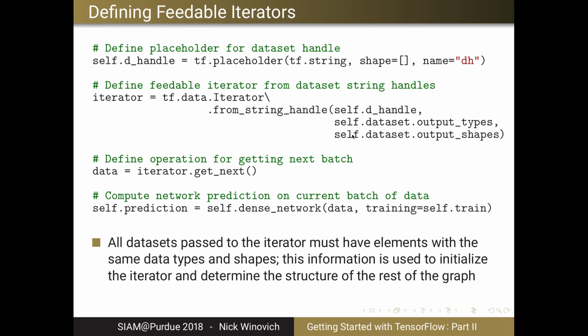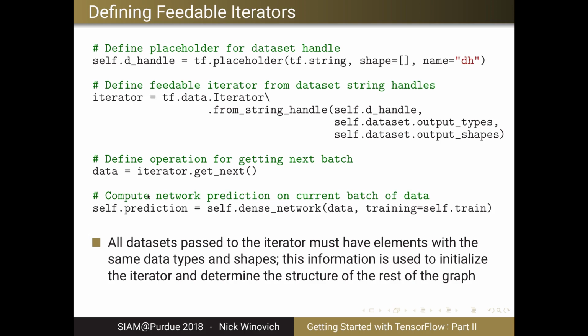The data is now coming from an iterator, which is reading from the validation set. So it's kind of redirected. But this avoids us having to actually pass the arrays or the data concretely. We just pass the handle, a string, to where the data set is in the graph, and the feedable iterator can take that and produce the next element or batch of examples from that data set, the target data set.